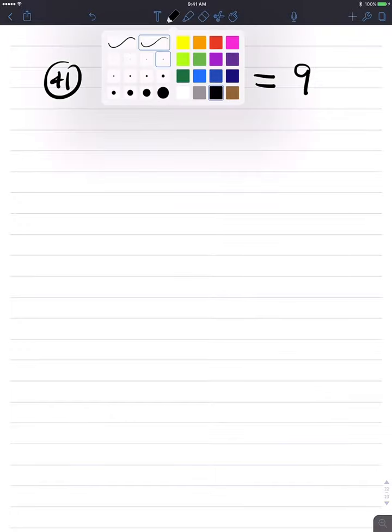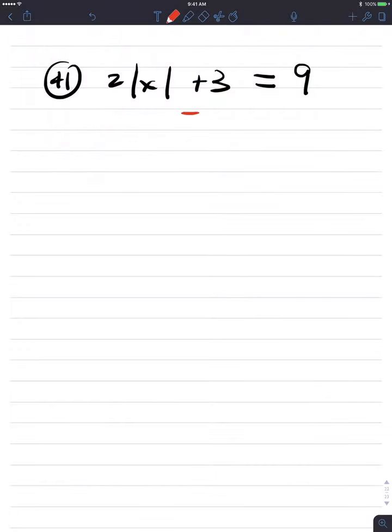Number 41. 2 times the absolute value of x plus 3 is 9. We're going to need to solve for this absolute value. We do that by subtracting 3 from both sides.